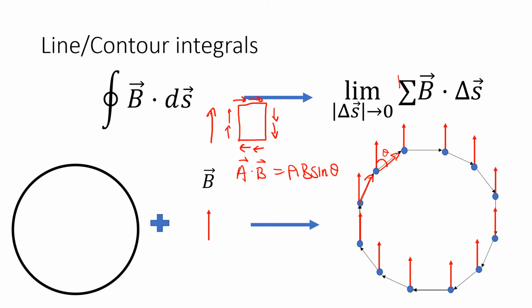But if we choose a very specific one in which theta will always be 0 or 90, then we never have to worry about this, and we can just multiply those things and make this equal to B dx without the vectors, and then just integrate.